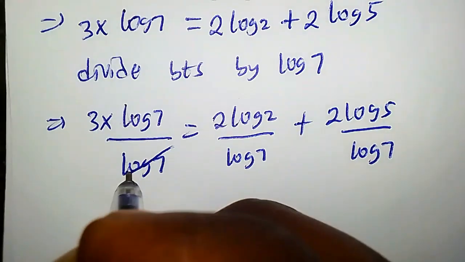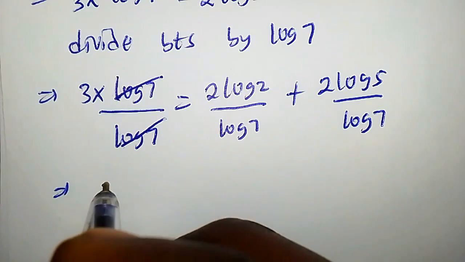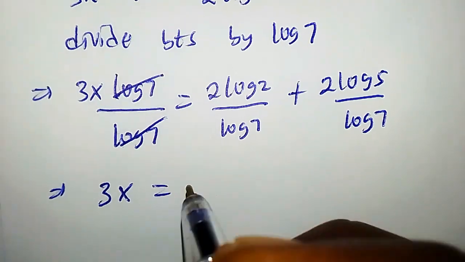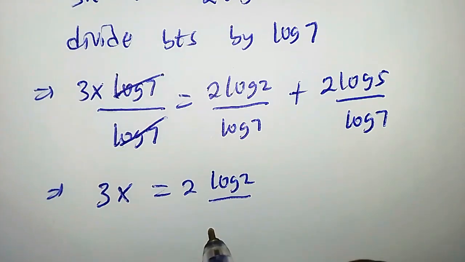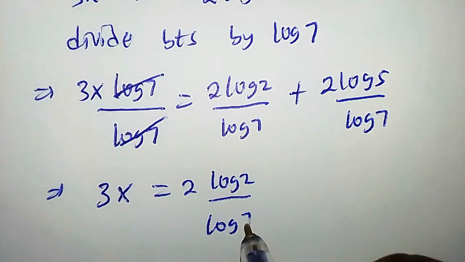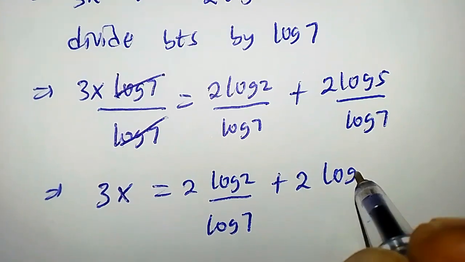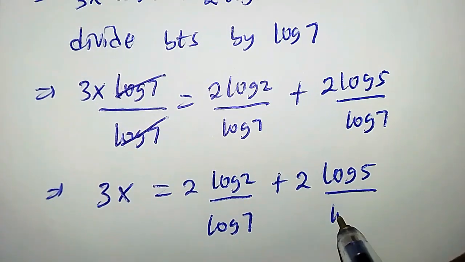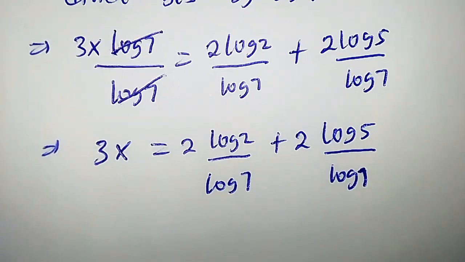Clearly, log 7 cancels log 7. We are left with 3x equal to 2 times log 2 divided by log 7 plus 2 times log 5 divided by log 7. Let's continue.